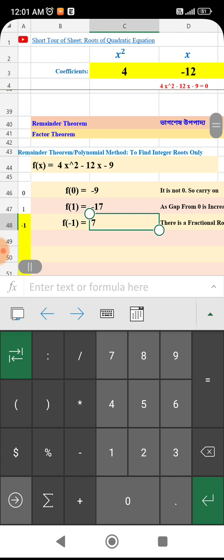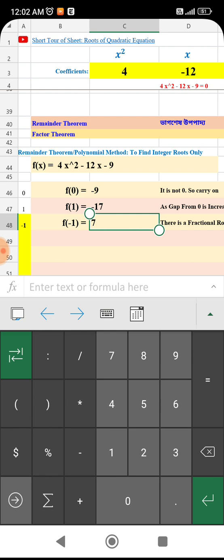So in the remainder method, it is not possible to find any fractional roots. This method cannot find fractional roots. It can find only integer roots.